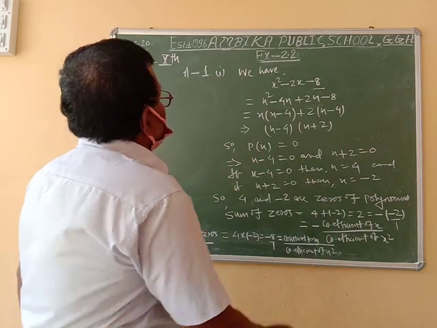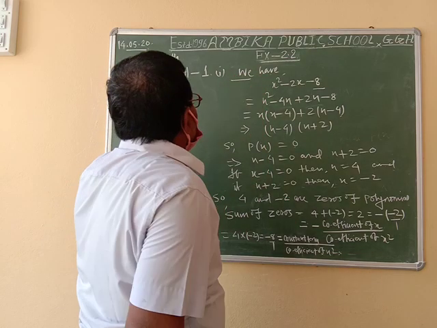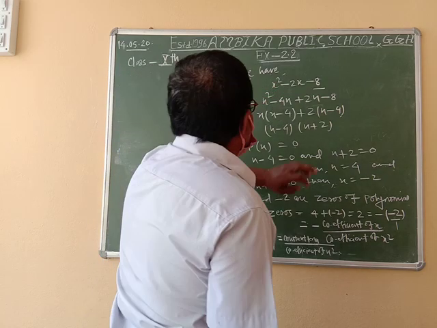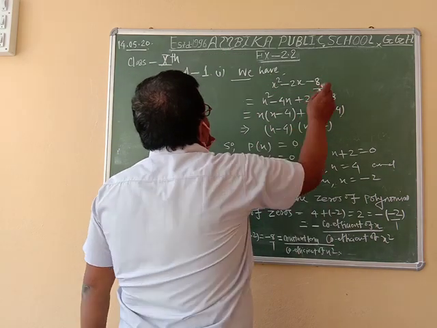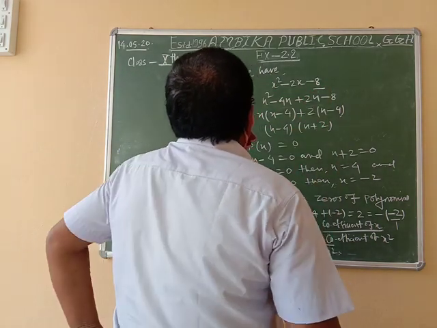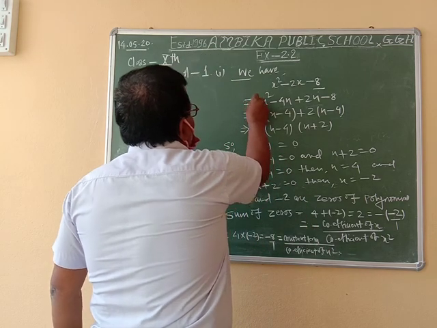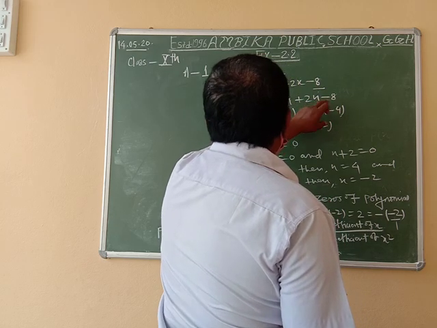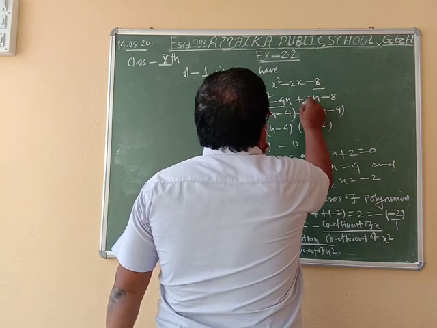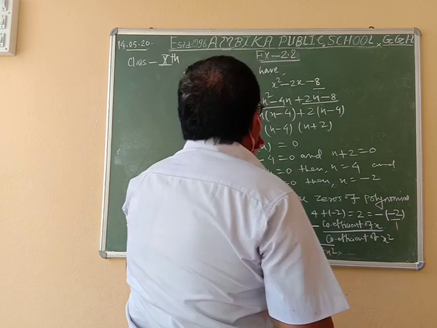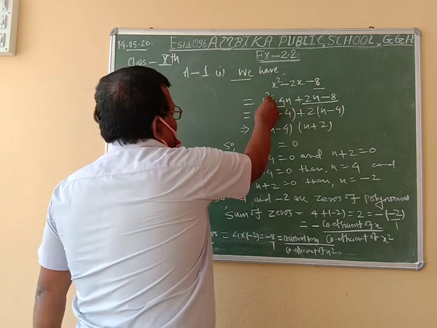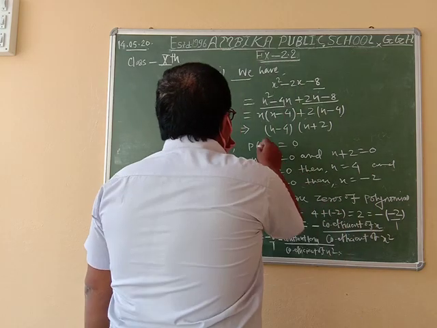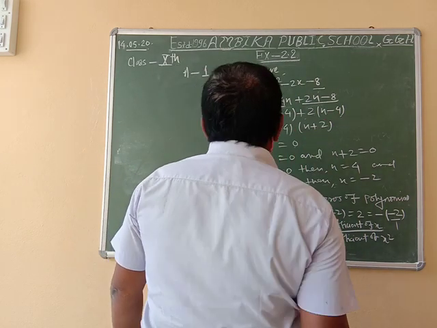Again I want to make it clear. You have given a polynomial x square minus 2x minus 8. After factorization, we write x square minus 4x plus 2x minus 8. Taking common in both terms, x into x minus 4 plus 2 into x minus 4 is equal to x minus 4 into x plus 2.